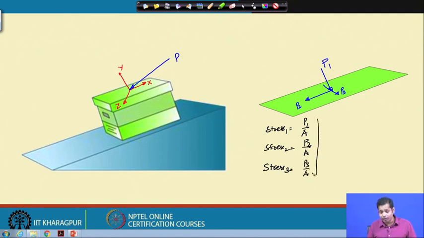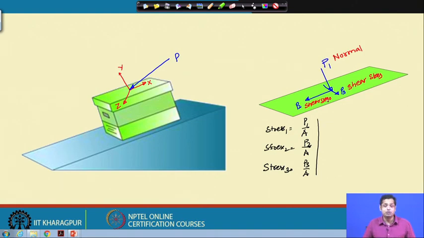Stress is still force per unit area, but now we have 3 components of stress. One is the normal stress, because it is acting normal to the surface, and the other two are shear stresses, right.